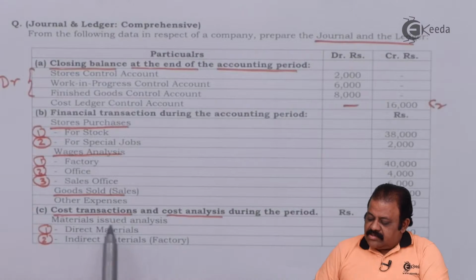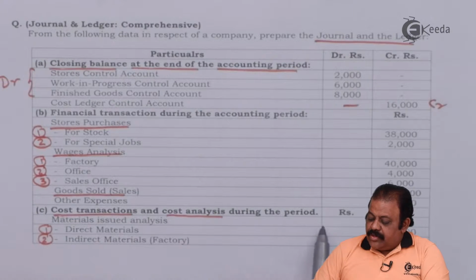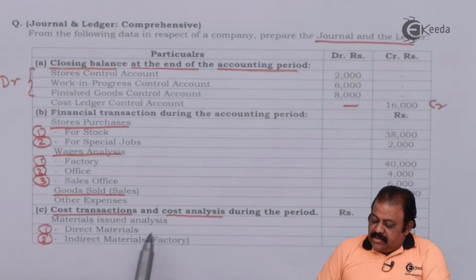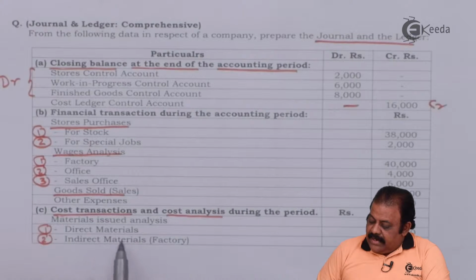Cost transactions and cost analysis during the period. Material issued analysis: direct materials 20,000, indirect materials 10,000.